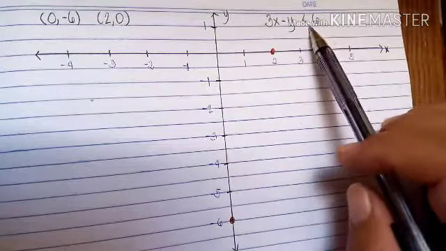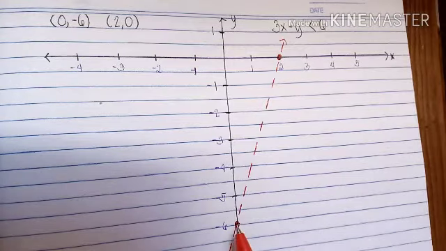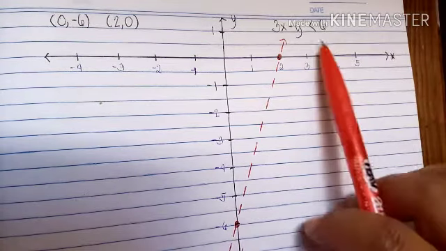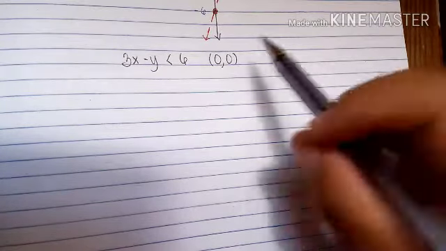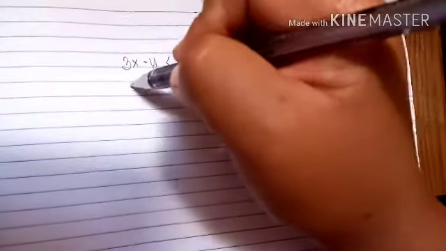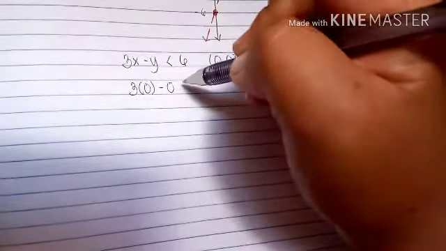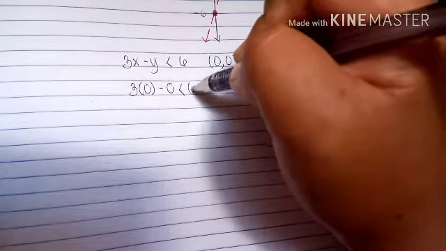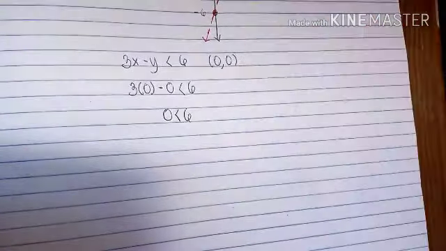Since it's less than, the line that we're going to use is a broken line. The graph would already look like this. If we have the inequality 3x - y < 6, we substitute x and y with the origin. So that would be 3 times 0 minus 0 < 6, so 0 < 6.